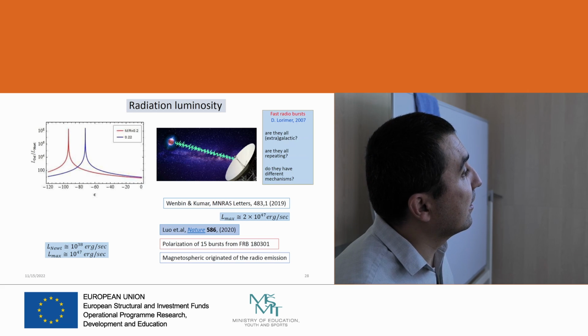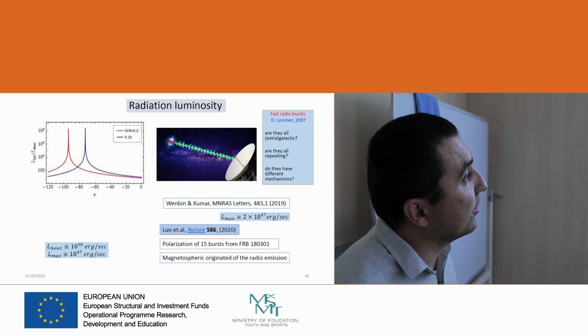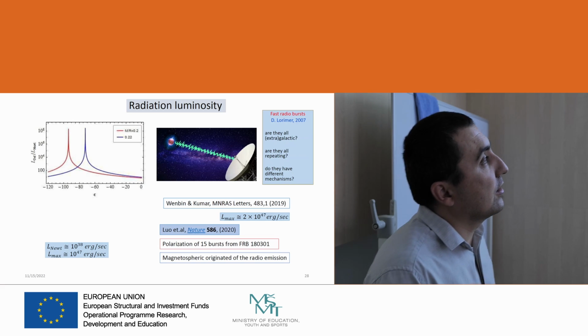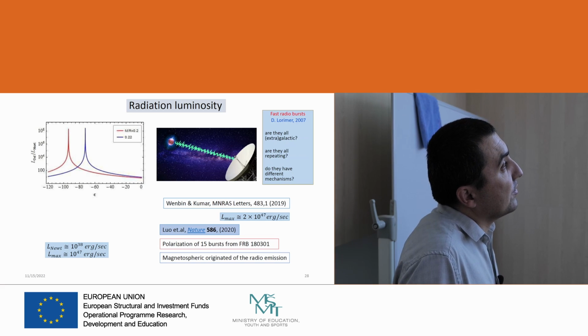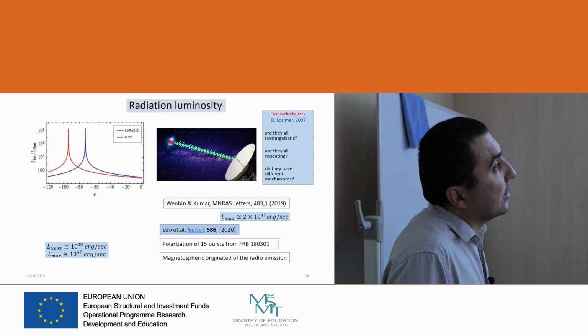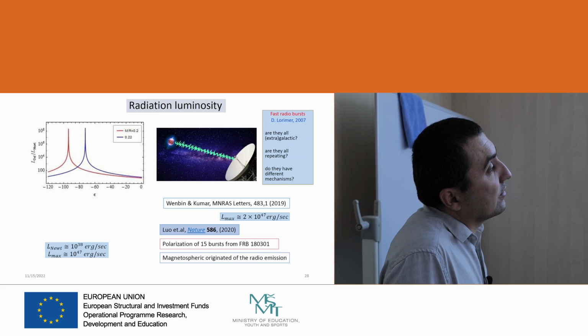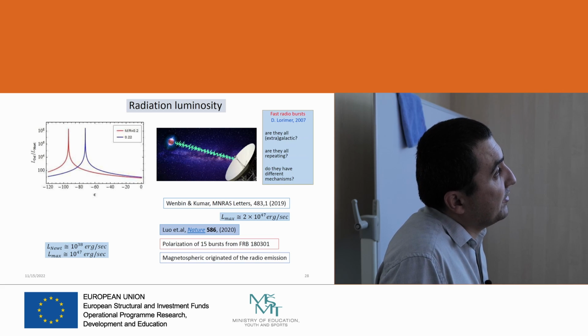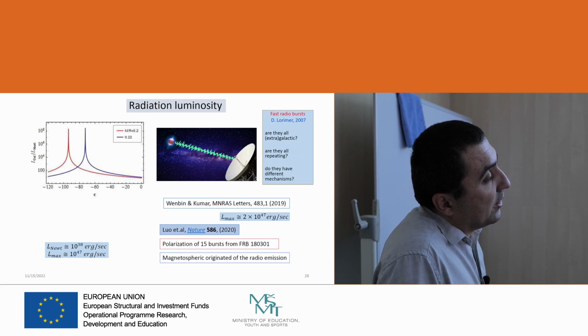This value is of the same order as the luminosity of FRBs, fast radio bursts, which were observed for the first time in 2007 by Lorimer and Duncan, and there are still open questions on the origin of FRBs, and some FRBs repeatedly come.